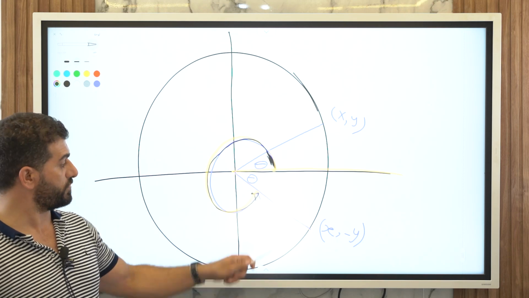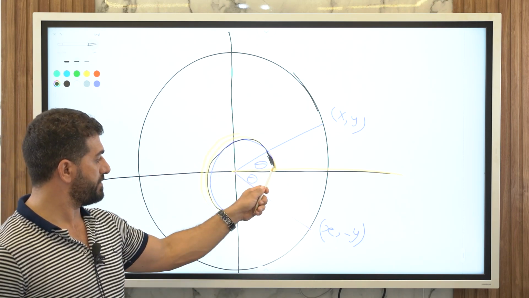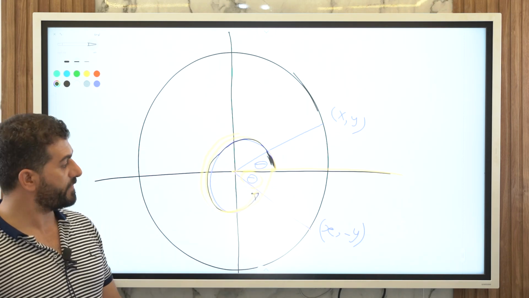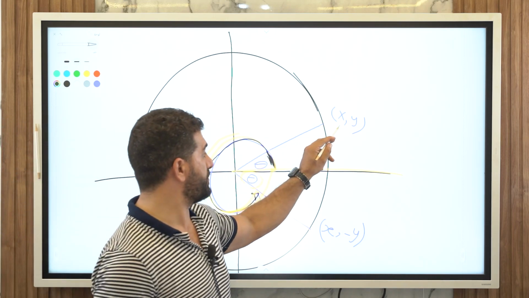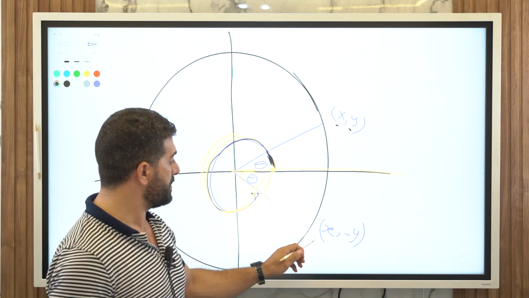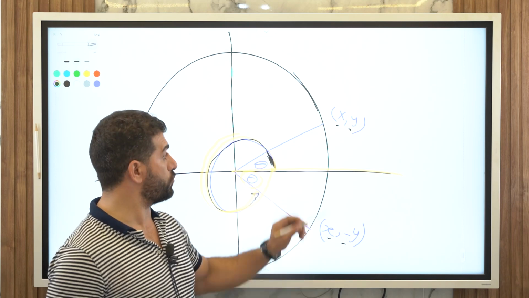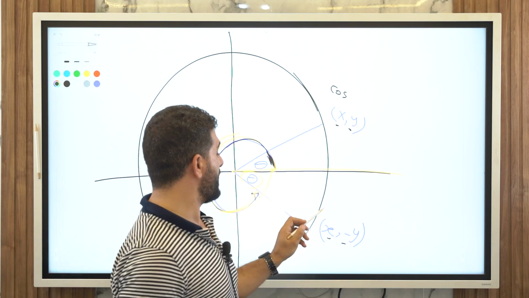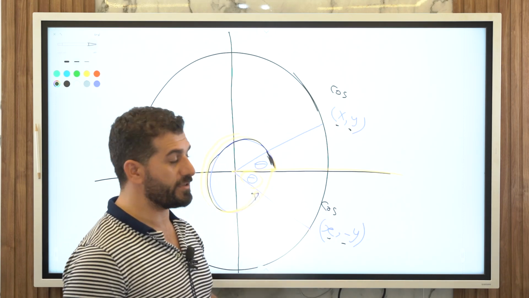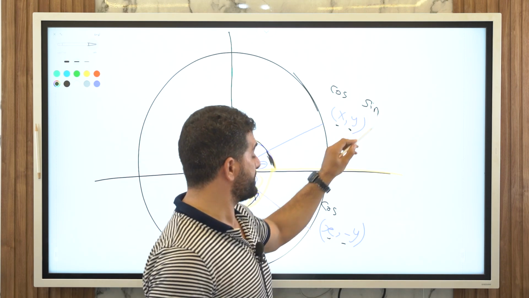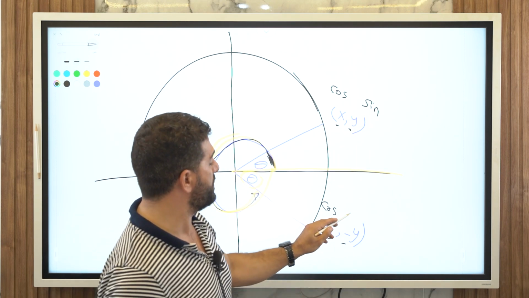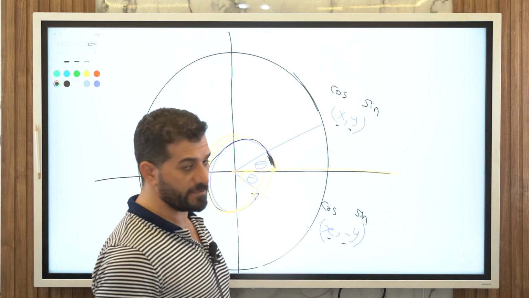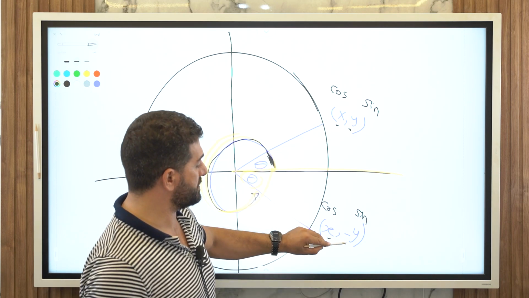This angle is 360 minus this angle theta. We observe that here it is x and y, and here it is x and negative y. Cosine here is the same as cosine here, and sine here is the same as sine here, but the difference between them is in the sign.